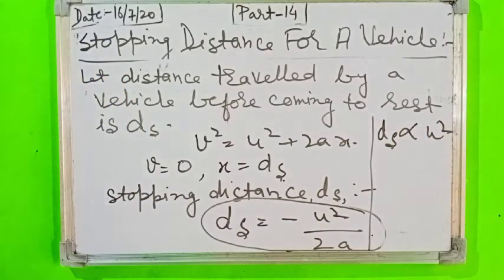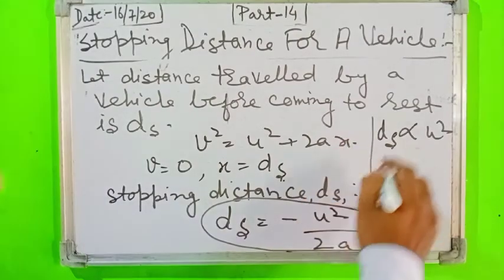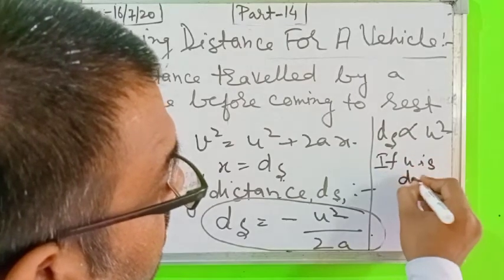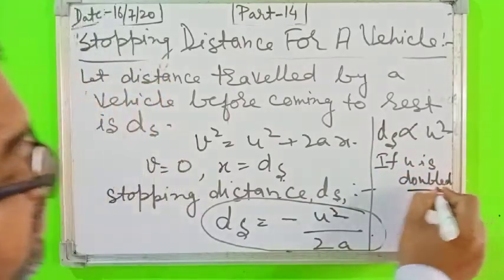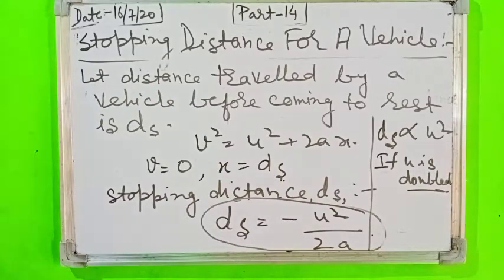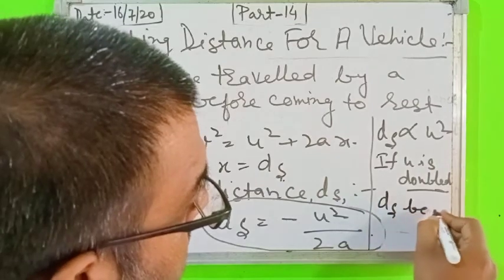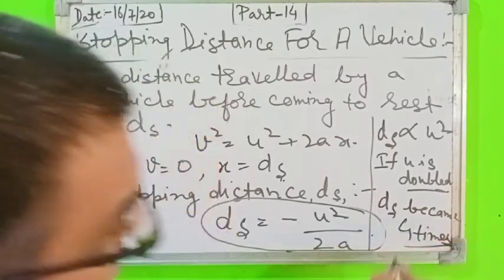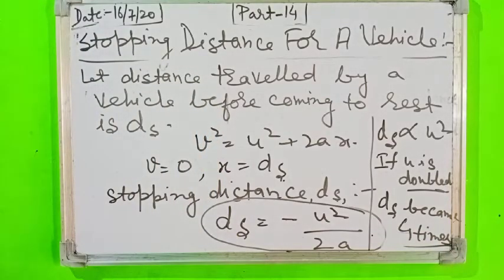It means if u is doubled, suppose the object is moving with an initial velocity of 20 meter per second, and you double the initial velocity to 40 meter per second, then the stopping distance becomes 4 times, for the same acceleration.